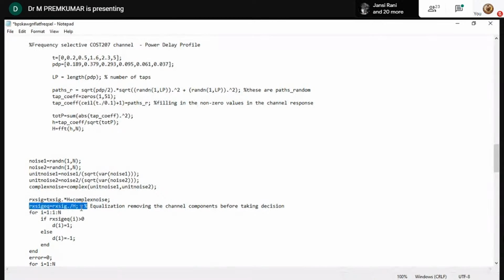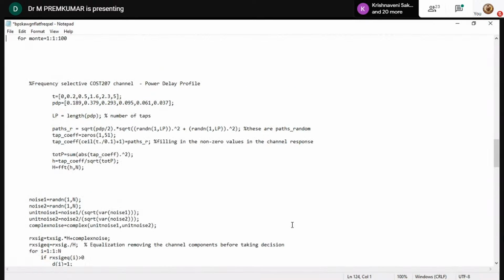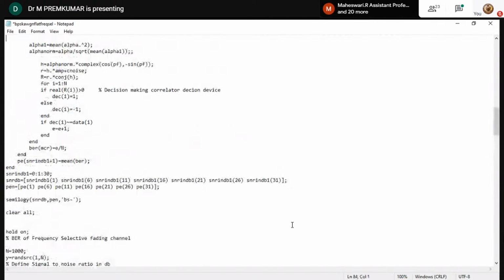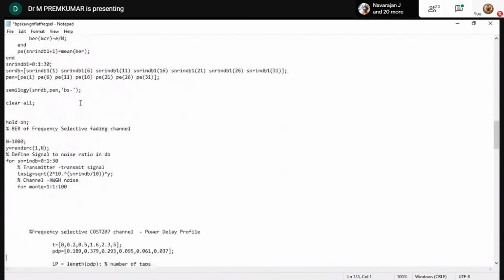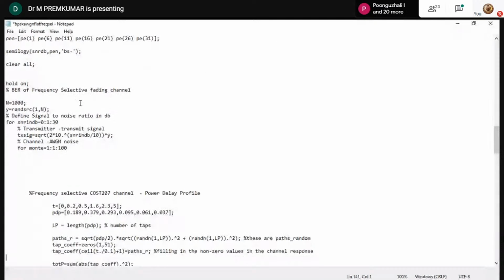So R is the conjugate of X, cancelling out the effect of the channel. This is equalization, and it needs to be done to remove the effect of the channel. This is for a frequency selective fading channel.